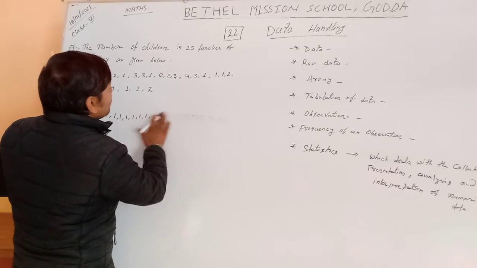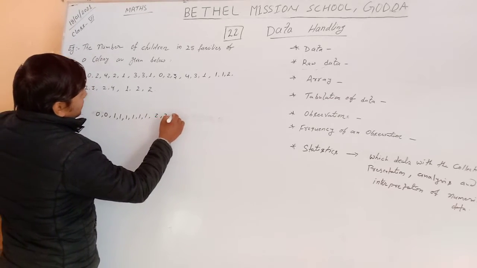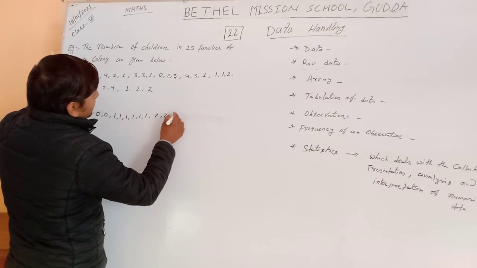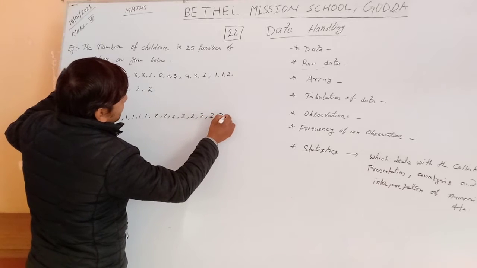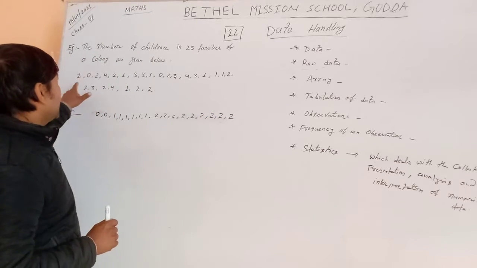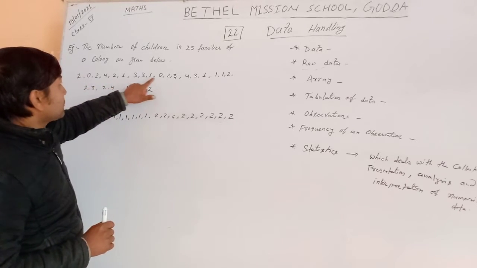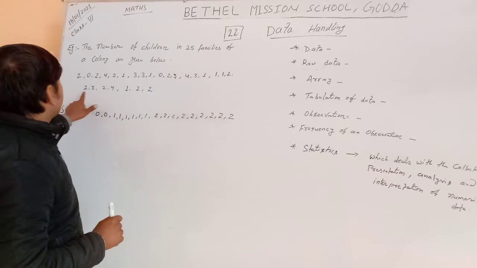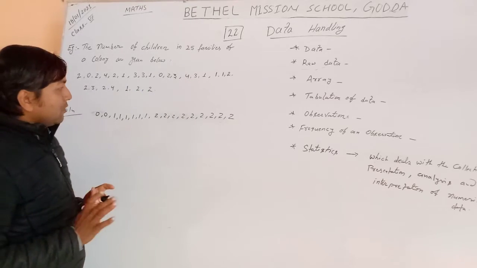That is 2 written 9 times. 1, 2, 3, 4, 5, 6, 7, 8, 9. So you have to write twos 9 times. I hope you got it.